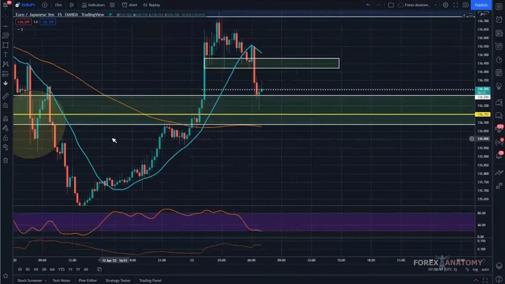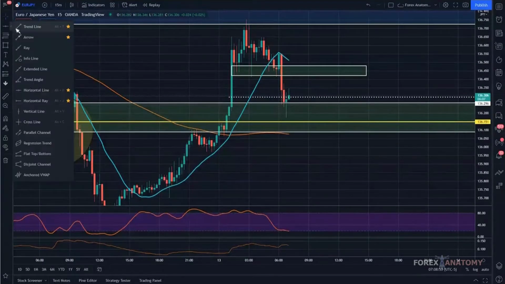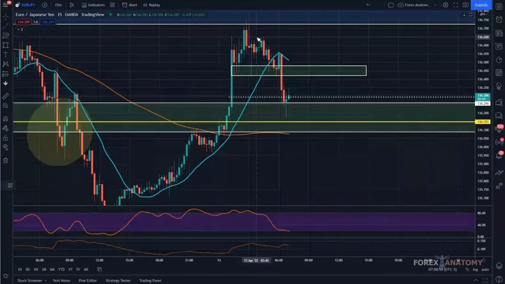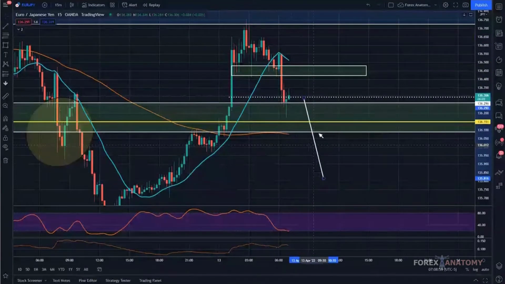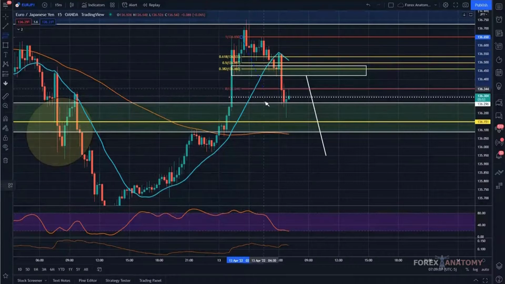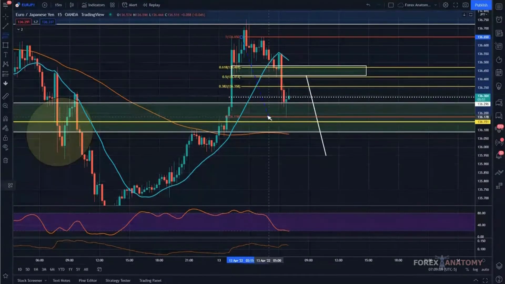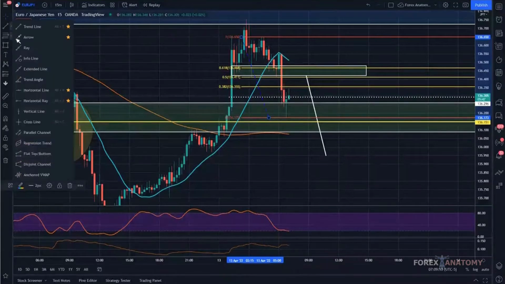But we still want to do our analysis. So let me do a few things first. For starters, let me just draw out this zone to where I think price may want to go down to. So we're going to do this here. And I'm just doing this as a hypothetical as far as where we think price may go if price does decide to push deeper in this zone.